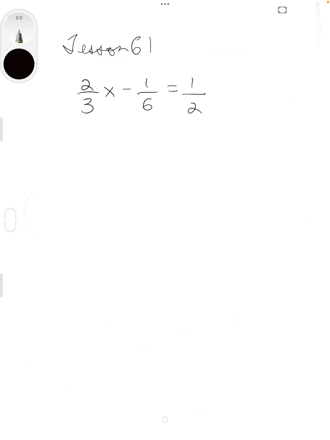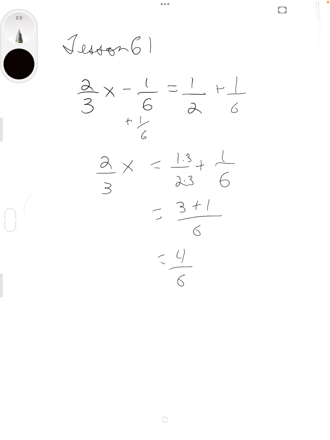The first one is just like what we did before. I've got something times x minus something equals something. Well, if I add 1/6 to both sides, I get 2/3 x equals 1/2 plus 1/6. I need a common denominator, so I'm going to multiply top and bottom of this one times 3, and I end up with 3 plus 1 over 6, or 4/6 equals 2/3 x. Now, to get x by itself, I want to make this number in front 1.